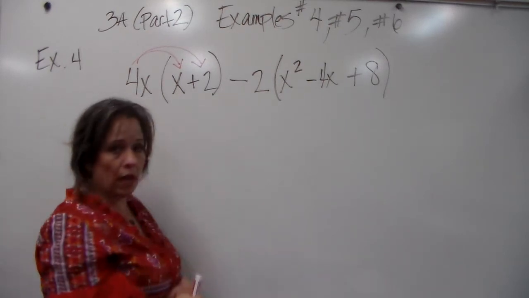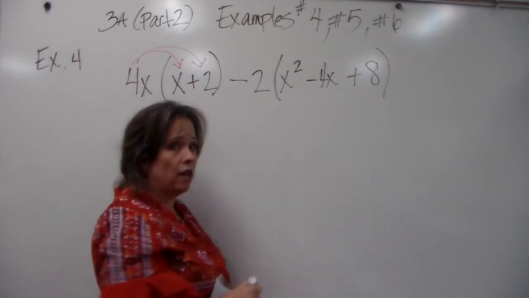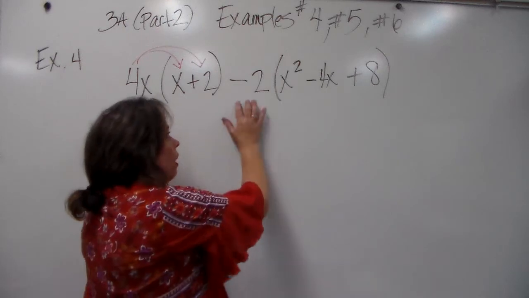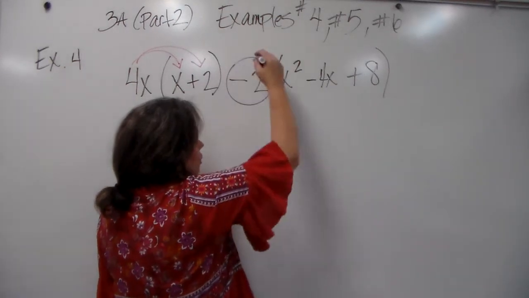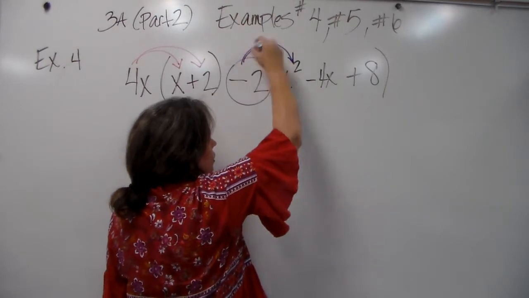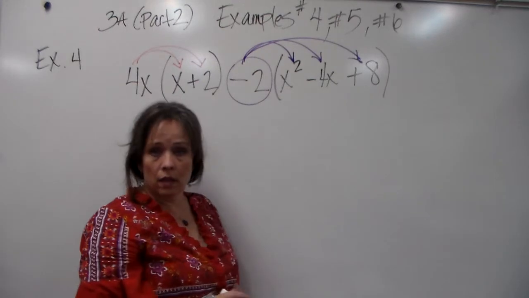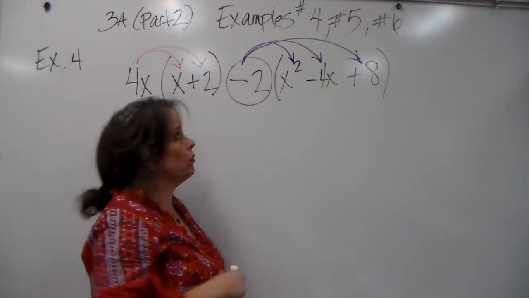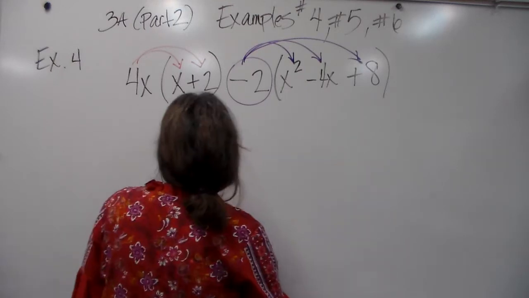It's only multiplying what it's in front of there. And then our negative 2, and remember, we're also distributing that negative, okay? So our negative 2 needs to multiply each of the terms inside this parenthesis that's right after it, right? So let's see what that looks like when we do that.